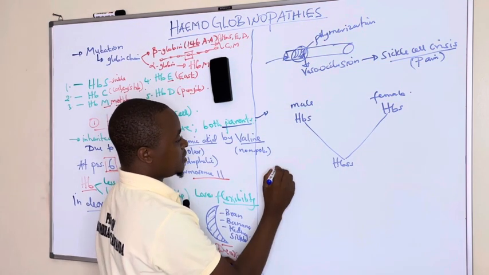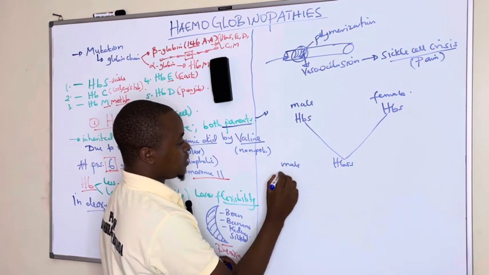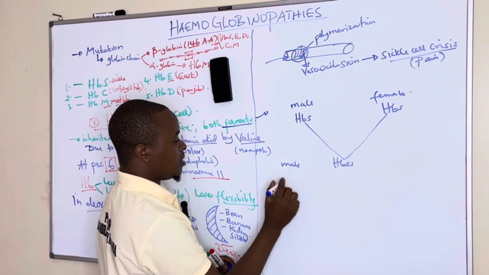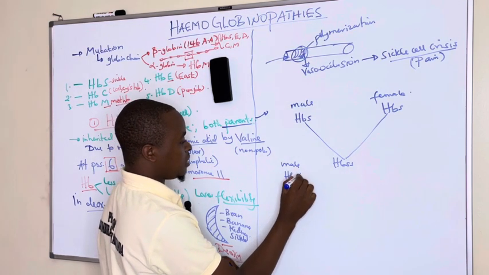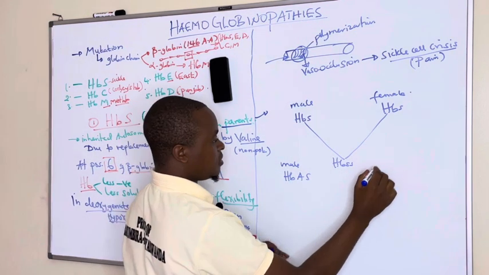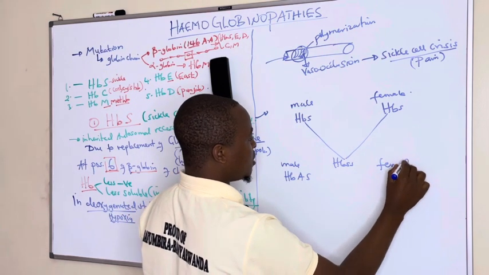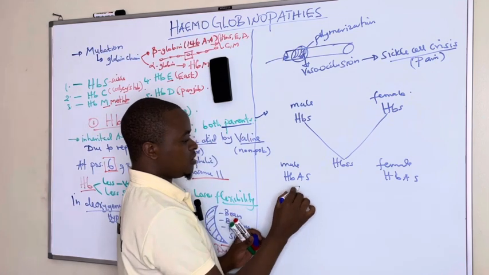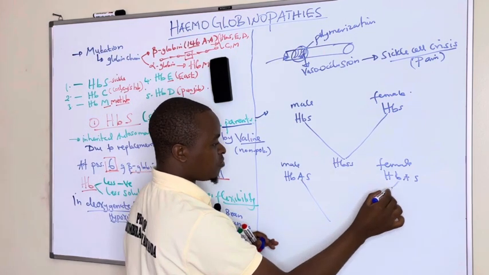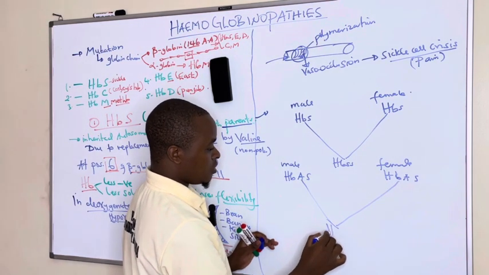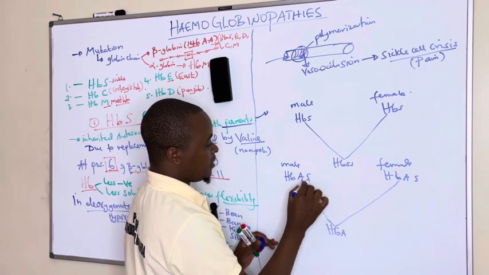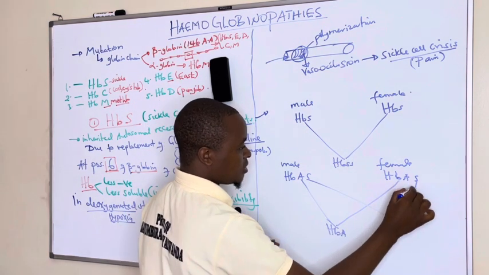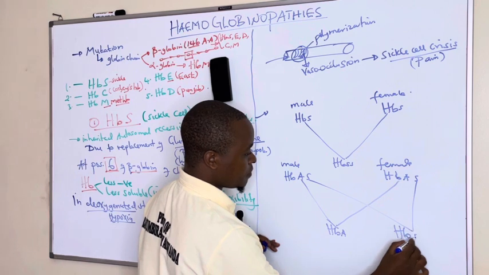But when the male is a carrier, with hemoglobin AS, and the female also has hemoglobin AS, during fertilization they have chances of producing normal HbA, and even a chance of producing a sickler.